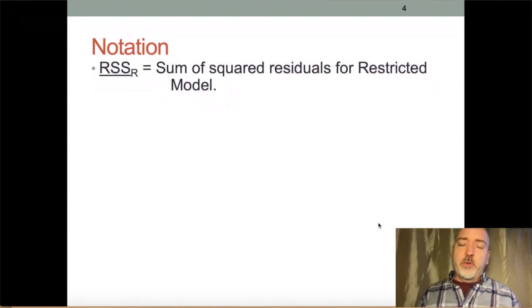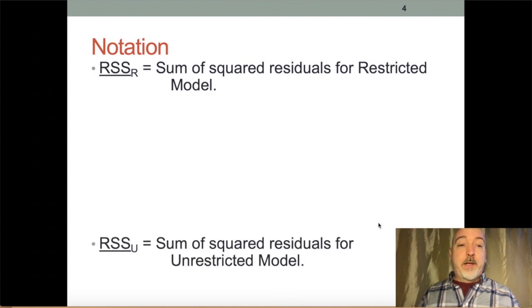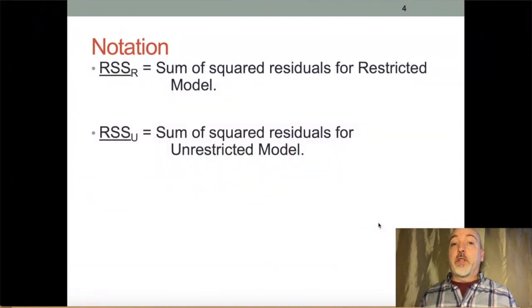So some good news, the information that we're going to need, the calculations that we're going to need to make, is all material that we're familiar with, basically from our previous discussion of the R-squared and the adjusted R-squared. Right? So the primary ingredient is that measure of accuracy, that sum of squared residuals, the RSS.